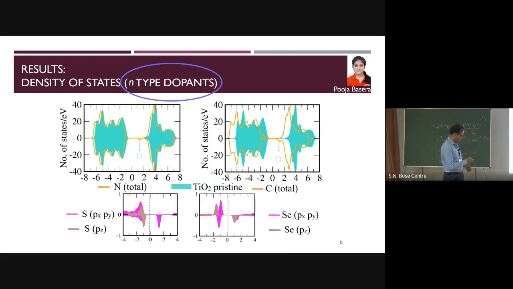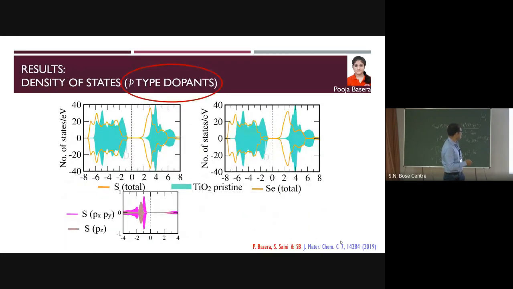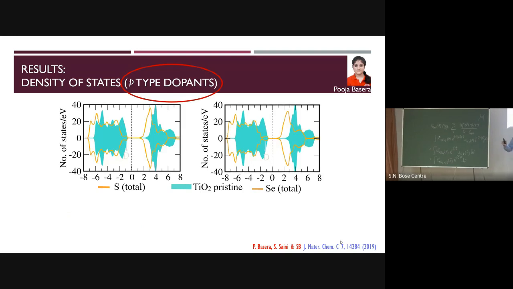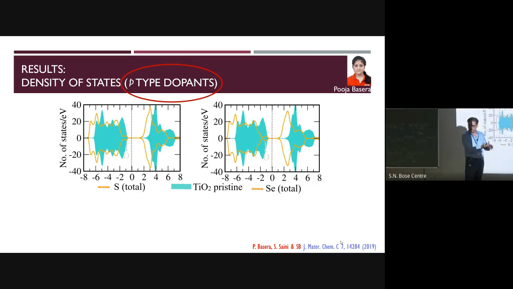Okay, so first it is like this. Let me go back. This is my density of states. This is my Fermi energy. The moment I make a defect, the Fermi energy gets changed. I realign again at 0, and then this is my defect.